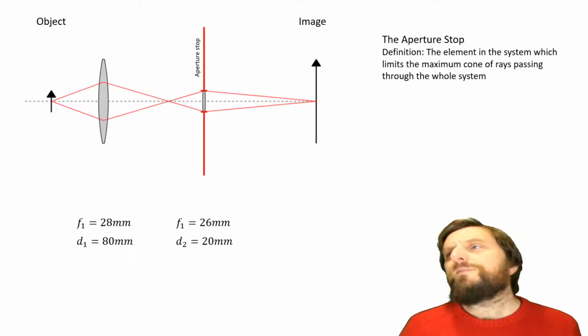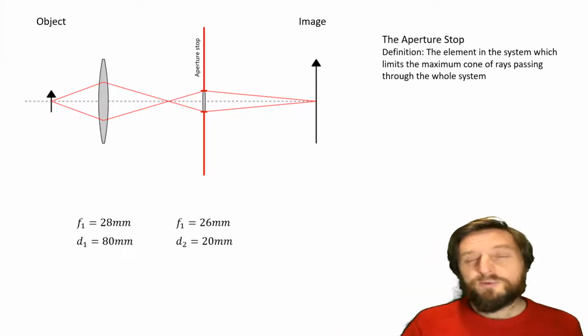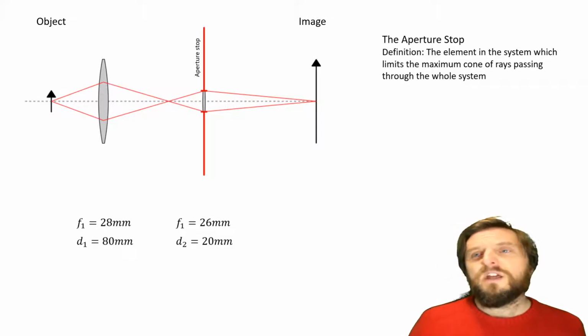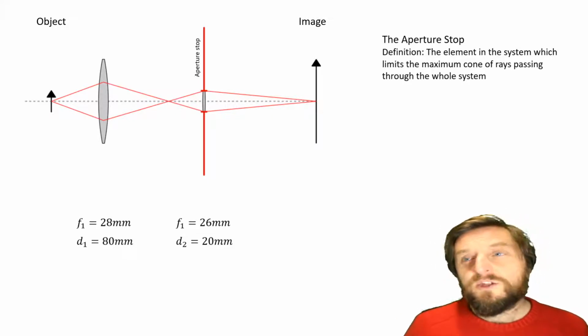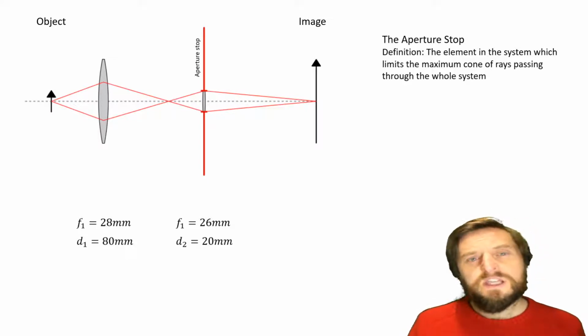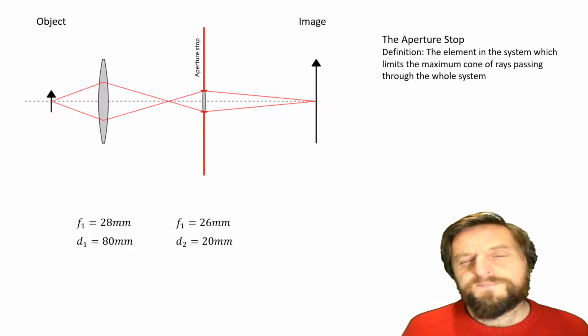Now if you were to take this optical system with the aperture stop on the second lens and look into the front lens, you would see the second lens through the first lens, and you'd see it as a little hole, but you would be looking through the front lens.